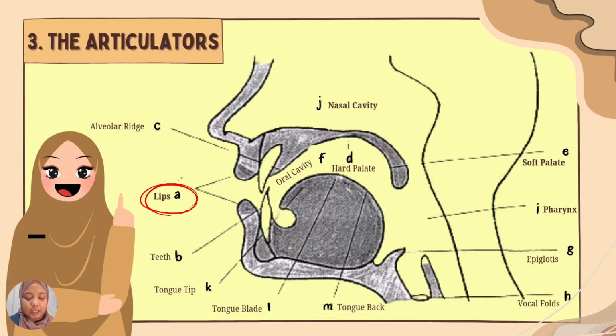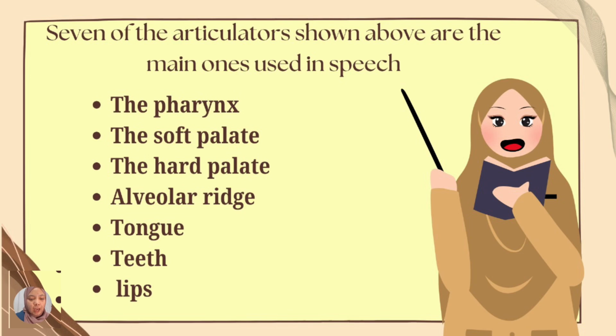A is lips, B teeth, C alveolar ridge, D hard palate, E soft palate, F oral cavity, G epiglottis, H vocal folds, I pharynx, J nasal cavity, K tongue tip, L tongue blade, and M is tongue back. And we have seven of the articulators above that are the main ones used in speech.